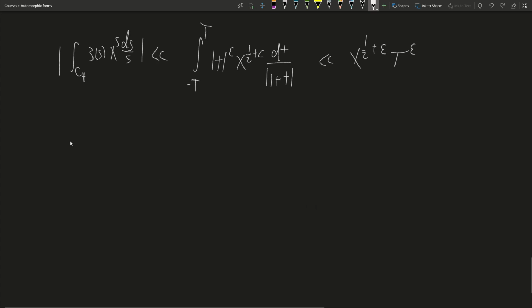Now again, summing up, what we end up getting is that the sum over n less than x of 1 is the sum of residues, and then we have the contribution from Perron's formula, so that is x to the 1 plus epsilon over t.